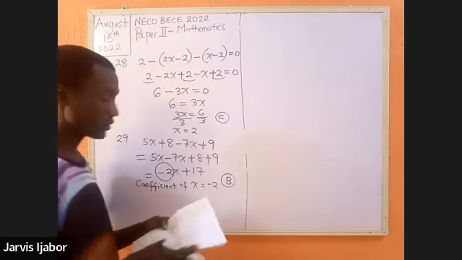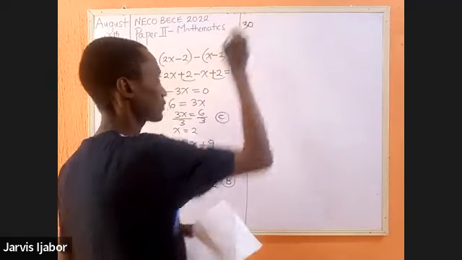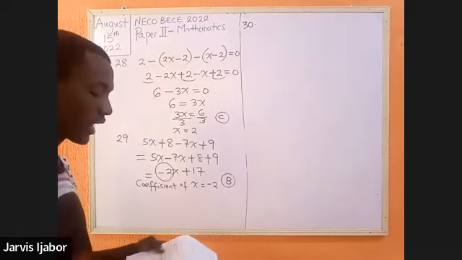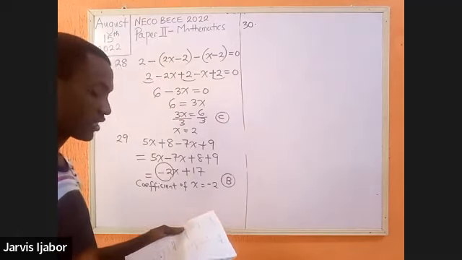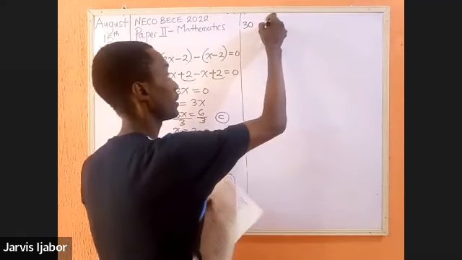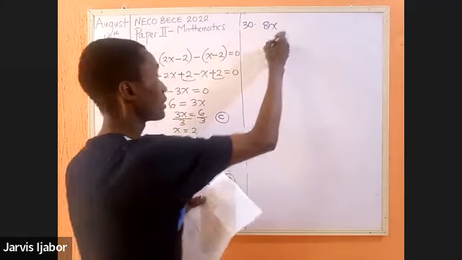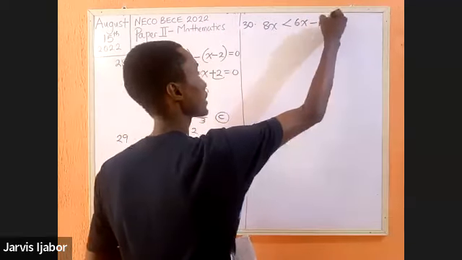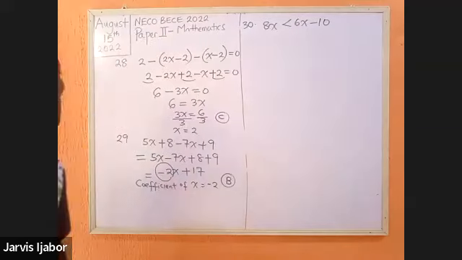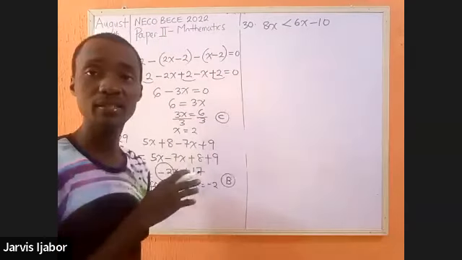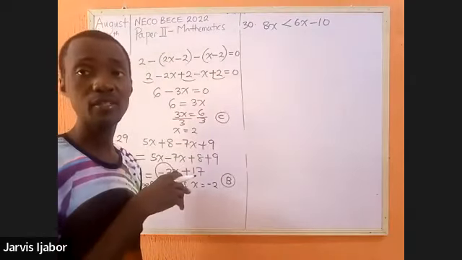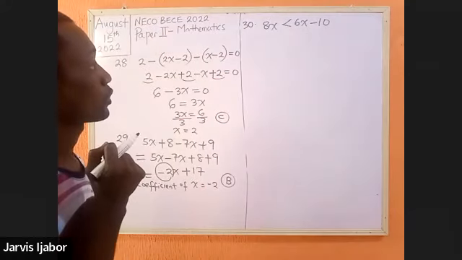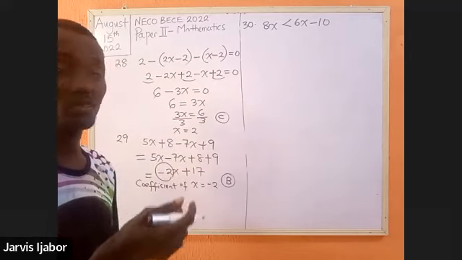So let's go to question 30. It says, which of the following line graphs represent the solution of 8x less than 6x minus 10? We need to solve the inequality, and after solving, we will go ahead to try to draw the inequality graph.